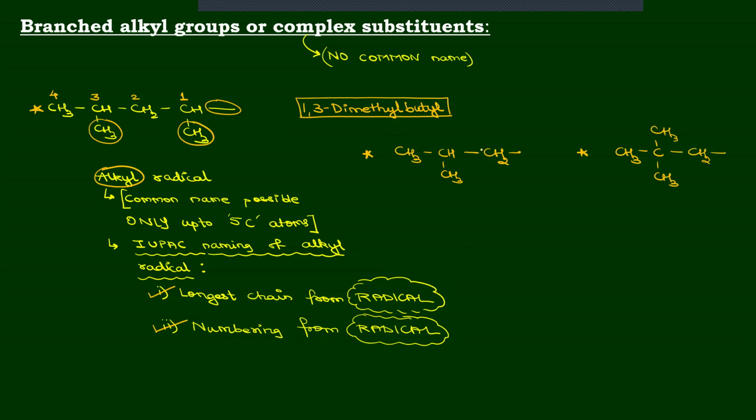In the next example, how many carbons in the longest chain? 3. Again, from the radical, 1, 2, 3. And from the radical, numbering is also from right, 1, 2, and 3. So here there is one carbon substituent. Here there are two carbon substituents.